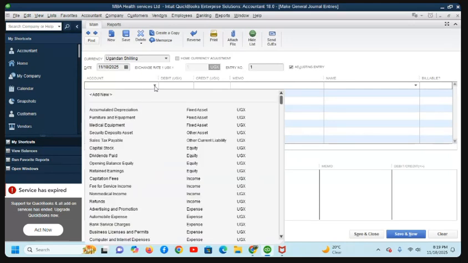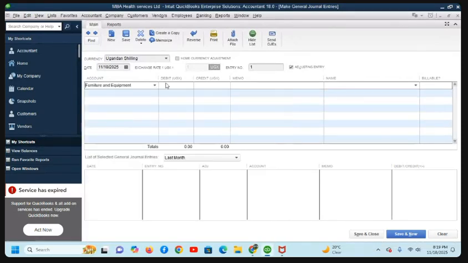This is where the concept of debit and credit, you must have it. For example, I have furniture and equipment, which is an asset. Assets have a normal debit balance. I'll put the cost of 1 million on the debit side.